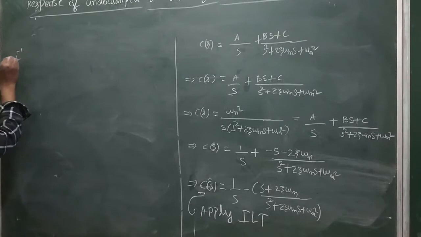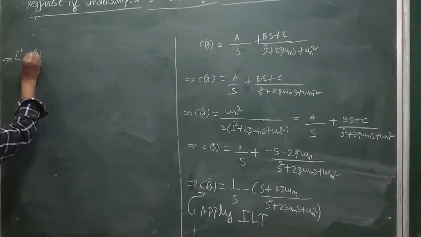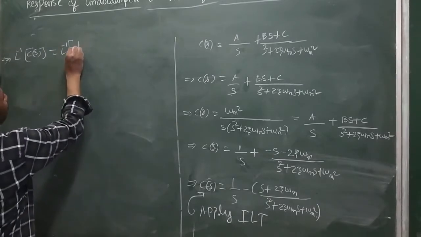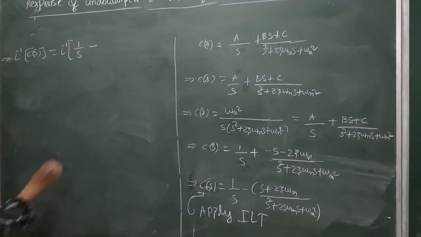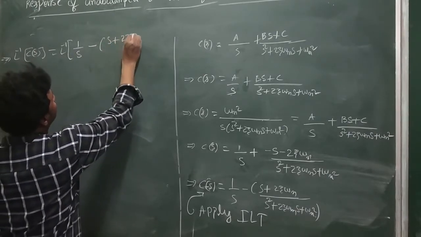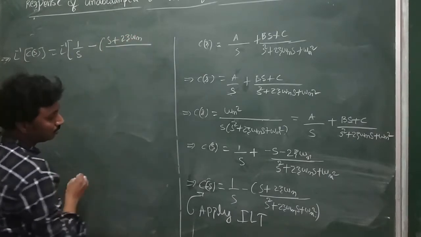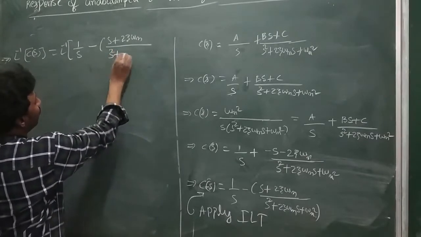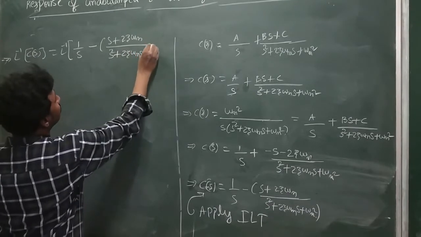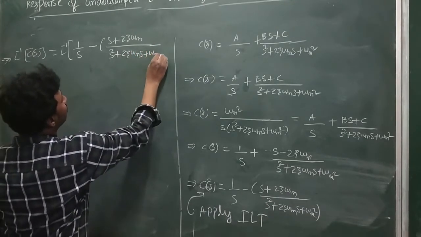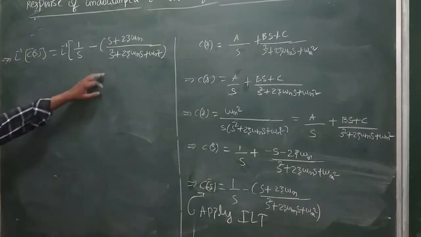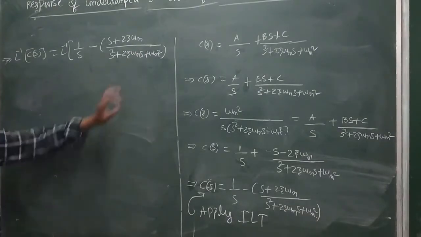So when you apply L inverse, C of s is equal to L inverse of 1 by s minus, so s plus 2 zeta omega n by s square plus 2 zeta omega n s plus omega n square, right?